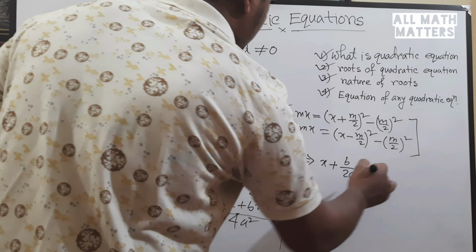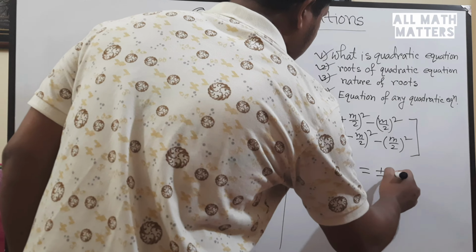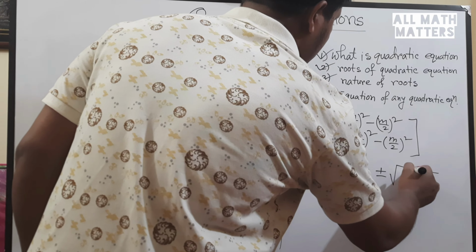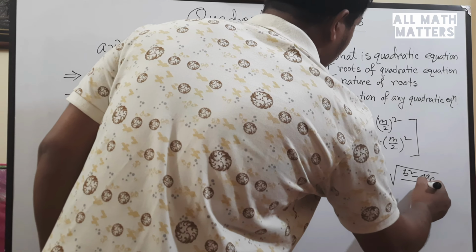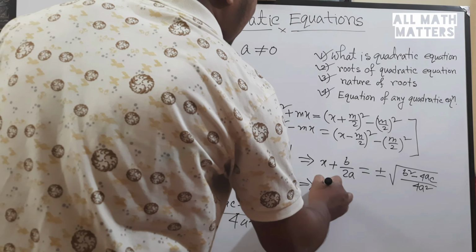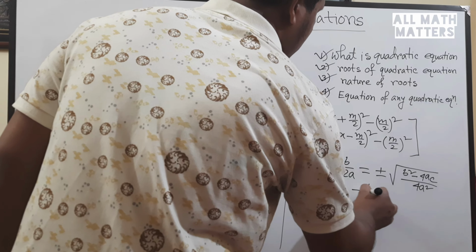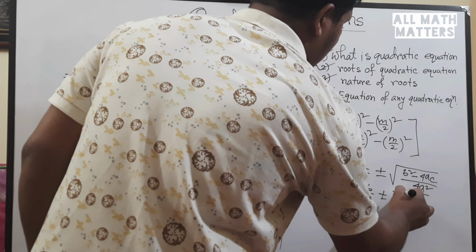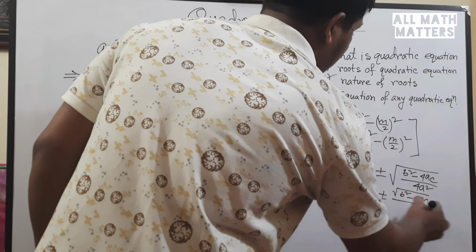Now we can take the square root on both sides, then it will be plus minus root over b square negative 4ac divide 4a square. So x equal negative b over 2a plus minus root over b square minus 4ac divide 2a.